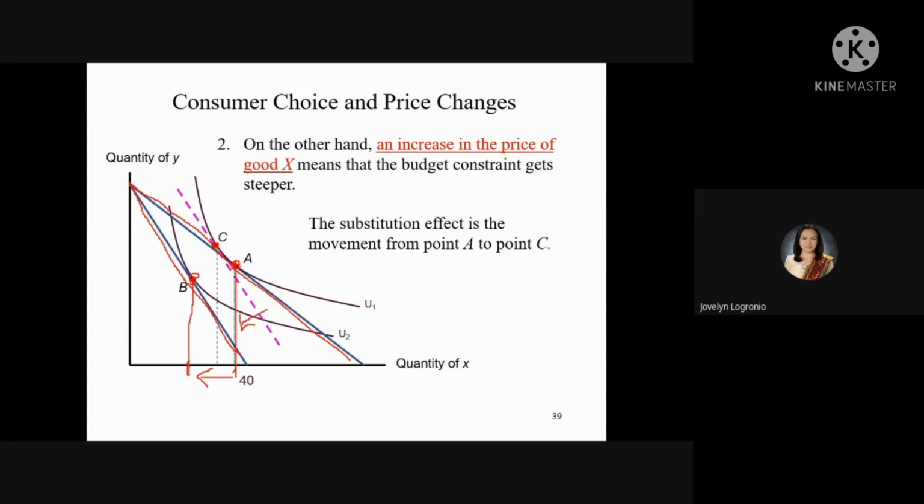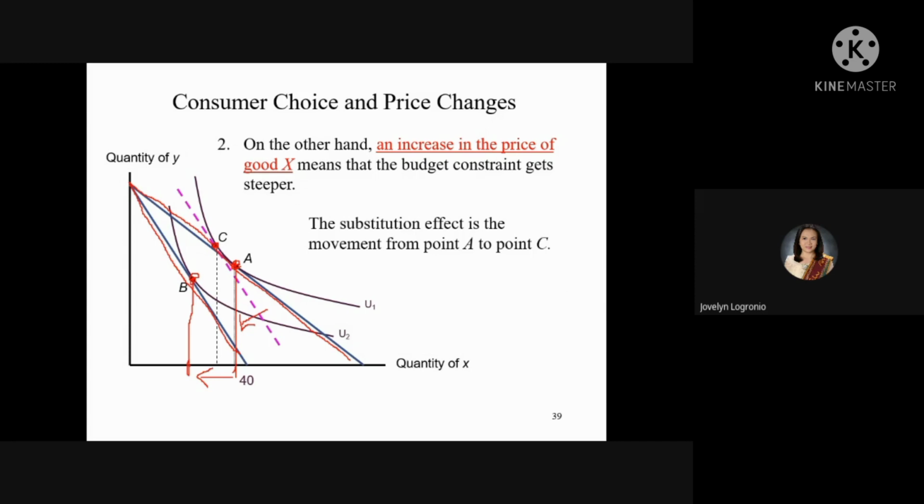So as a result, parang ang effect niya ay mas poorer or mas mahirap ngayon si consumer compared nung hindi pa nagtaas yung price ng good X. So as a result, from point C, the quantity of good X further decreases to, let's say, for example, point B.